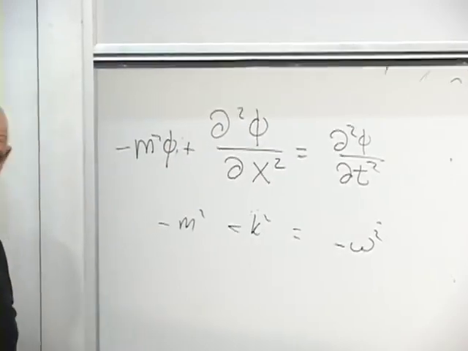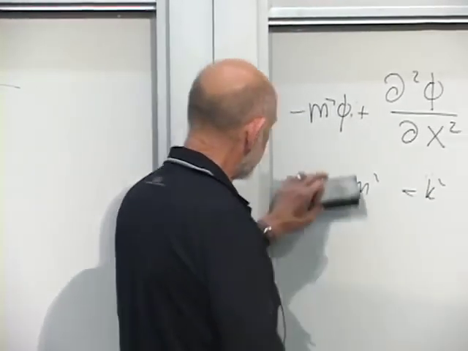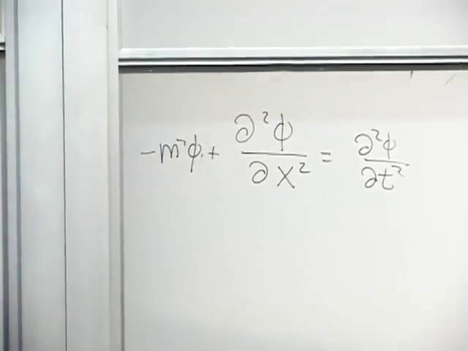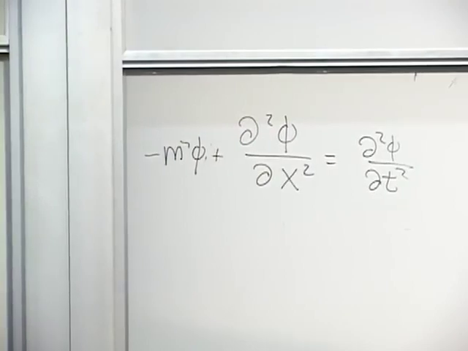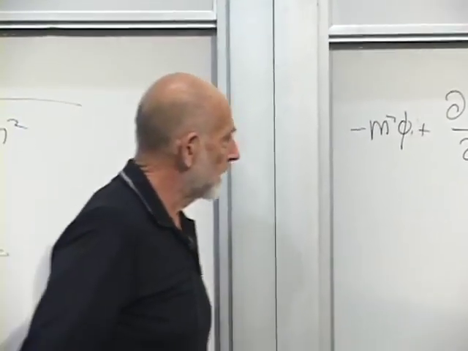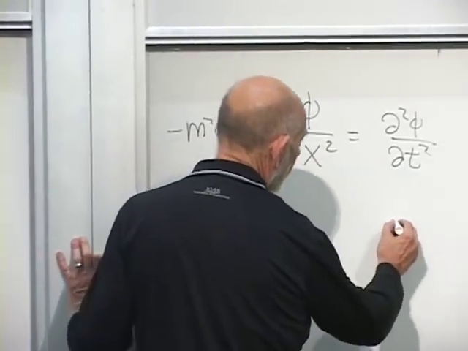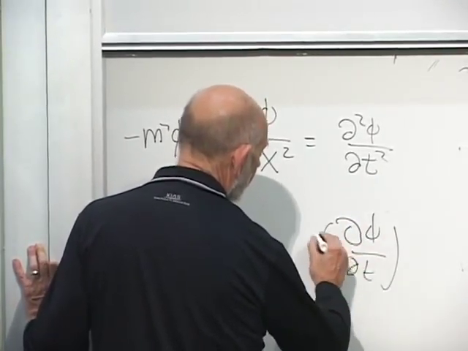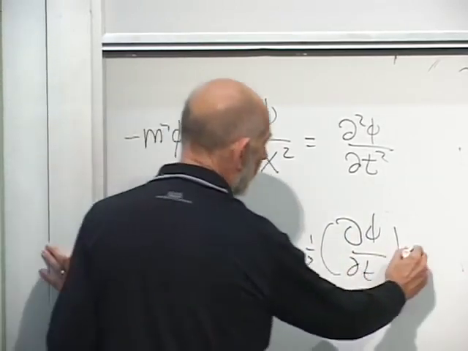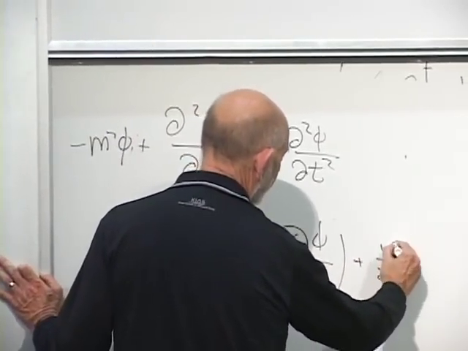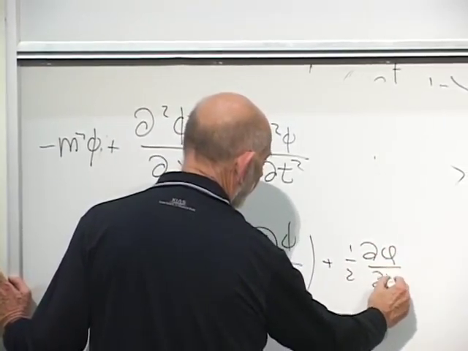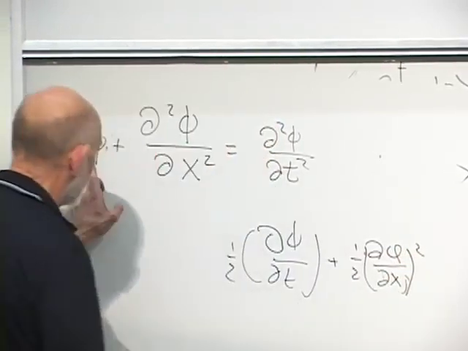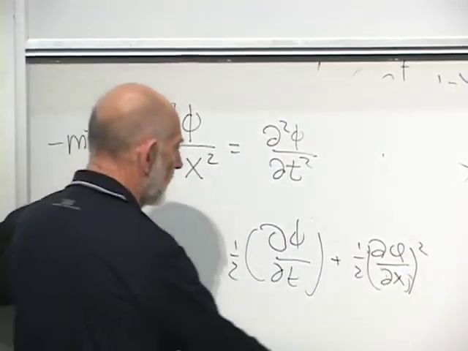So this is what you do to add a mass. What does this correspond to in the energy? You remember what it corresponds to in the energy of the wave? The energy of the wave has one half d phi by dt squared, plus d phi by dx squared, and this gives us plus m squared phi squared.